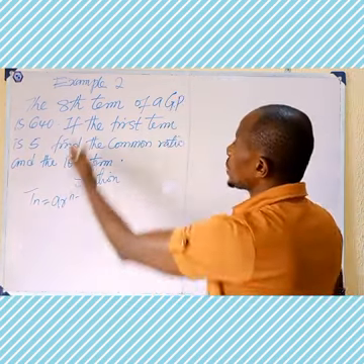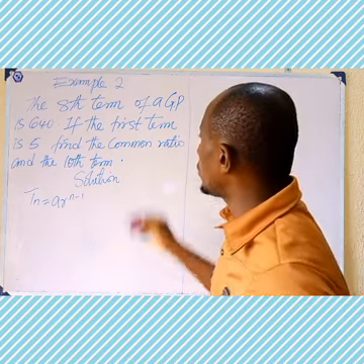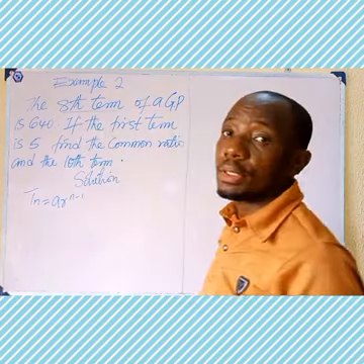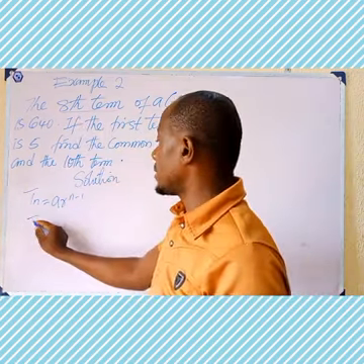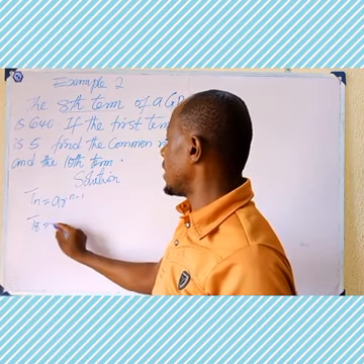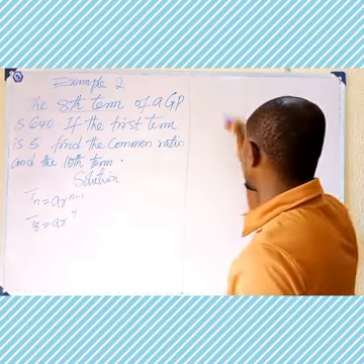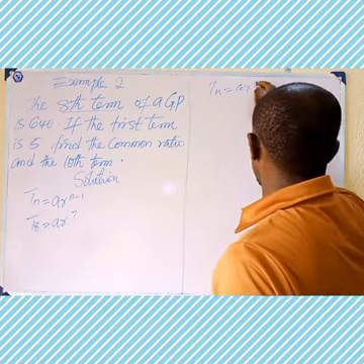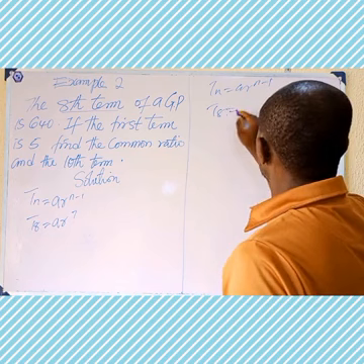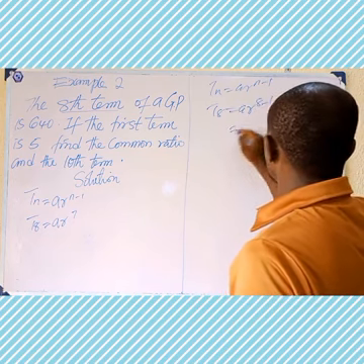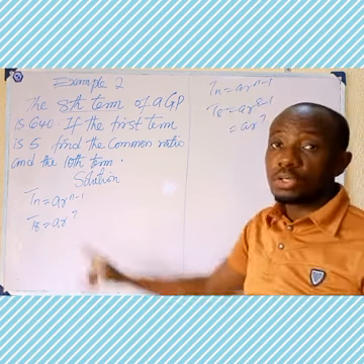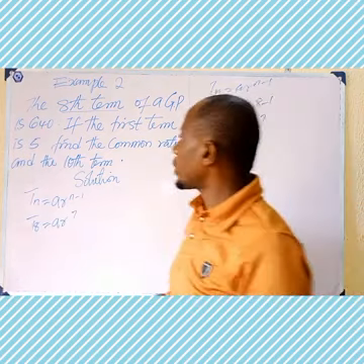Now we look at what we have here and look for a way to define them. So we look for a way to define this 8th term. 8th term means T8. And T8 is ar raised to the power 7. I hope you still remember how we got it. Tn is equal to ar n minus 1. T8 is equal to ar 8 minus 1, which is equal to ar raised to the power 7. So that's how we got this one, right? Okay.